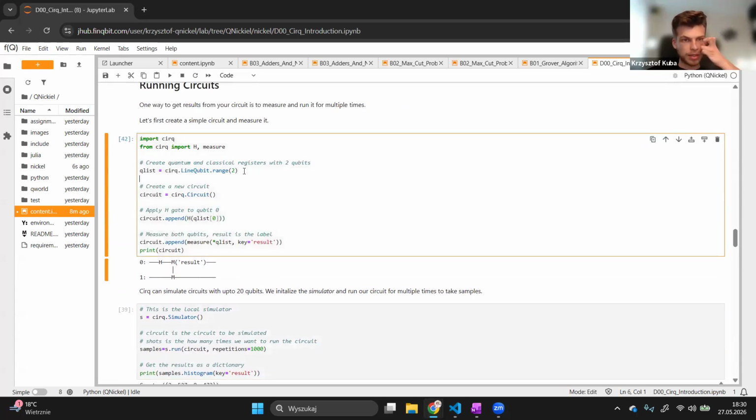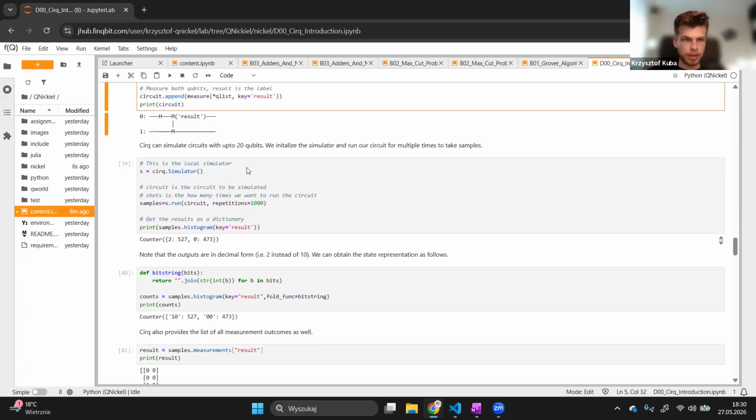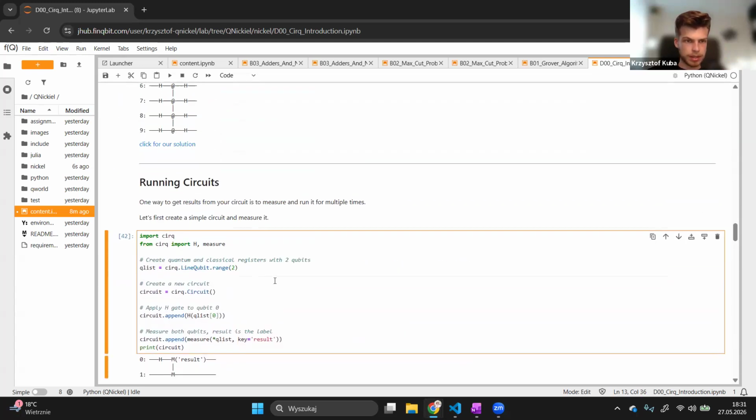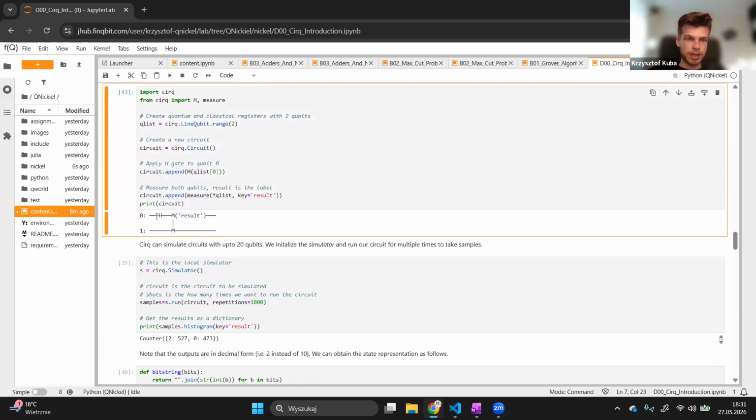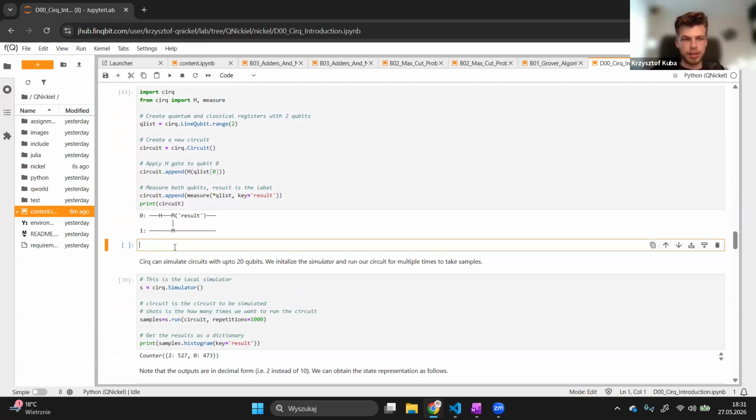Okay, so with this Hadamard gate on the first qubit, we have a superposition of 0 plus 1 on the first qubit, and 0 on the second qubit, which is equivalent to calling 0, 0 plus 0, 1.